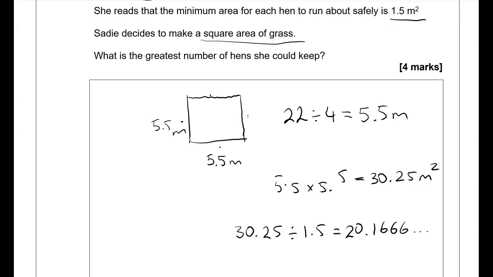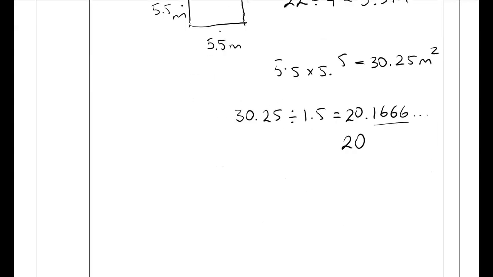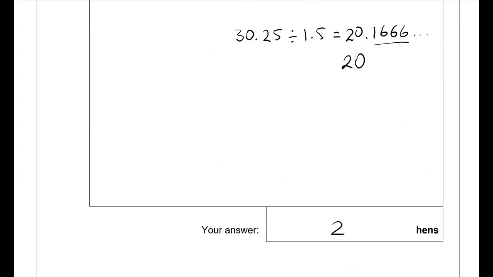I'll go down to 20, and the reason being that if you go up to 21 there wouldn't be enough space to fit in 21 hens. And also this says that the minimum area for each hen is 1.5, so anything more wouldn't cause any harm. So 20 hens would be the answer.